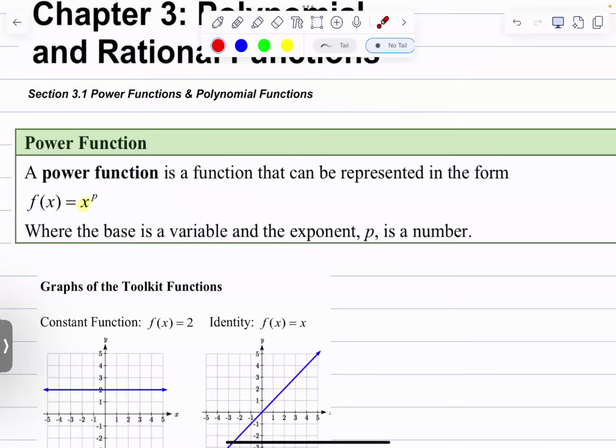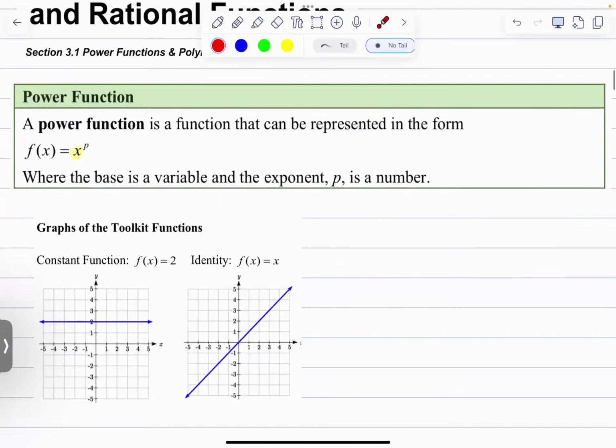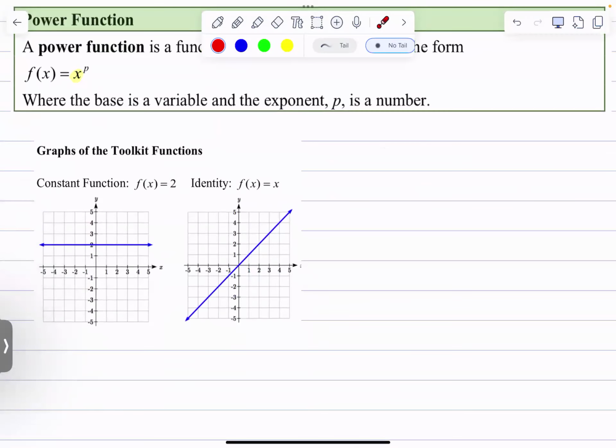And p is just some number. And so what's kind of fun is the toolkit functions, you can rewrite them all as power functions.